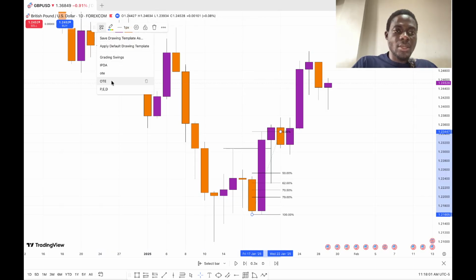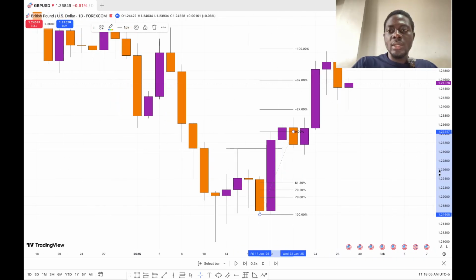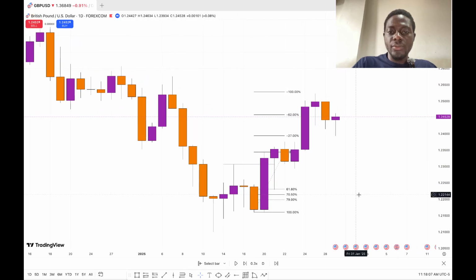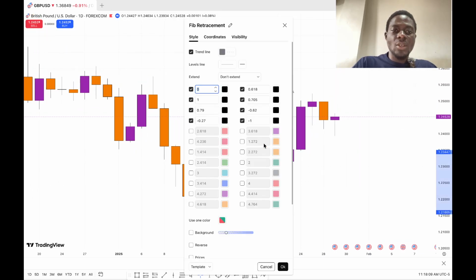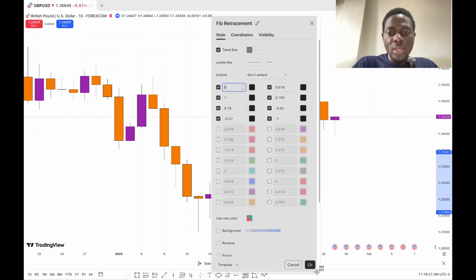Guys, please, a minute, I'm sending my Fibonacci settings into the group for you to see. I'll start from the style. So you can use my Fibonacci settings to set your own Fibonacci, so you see how I see the price.